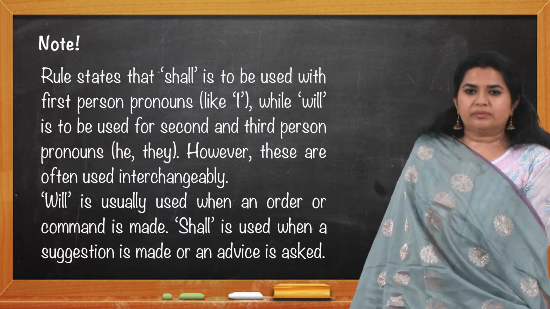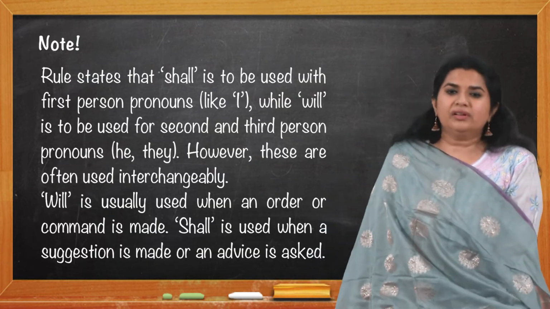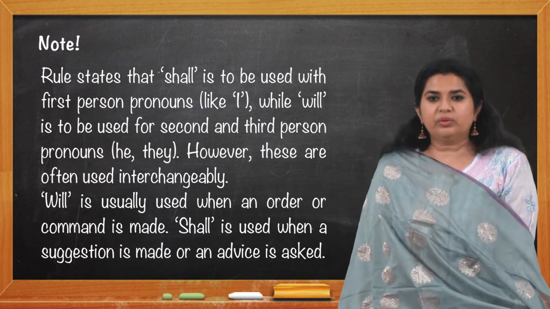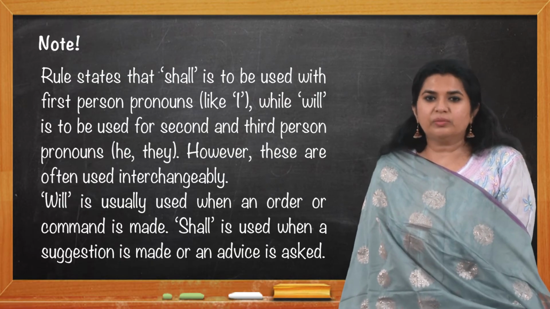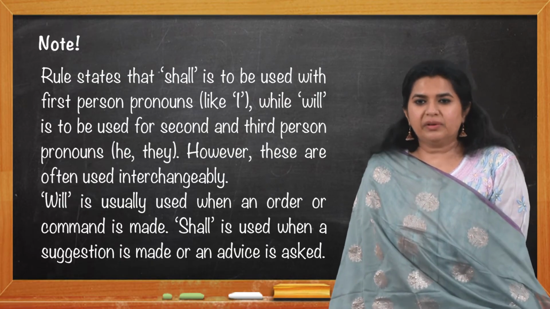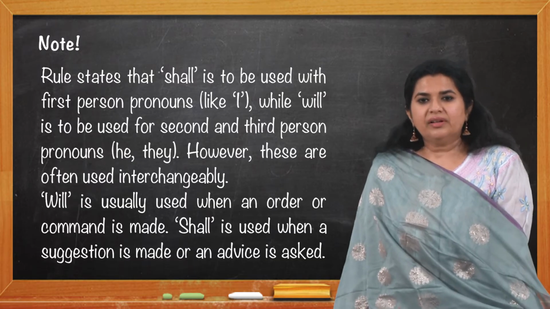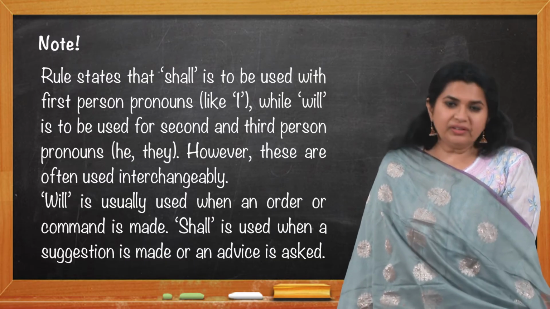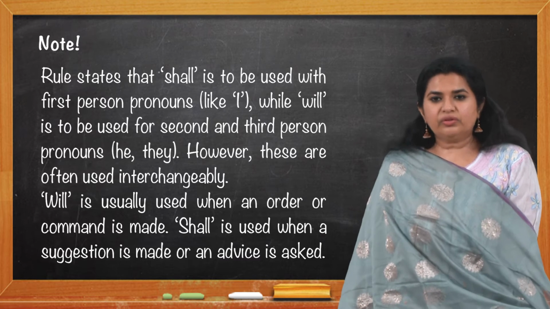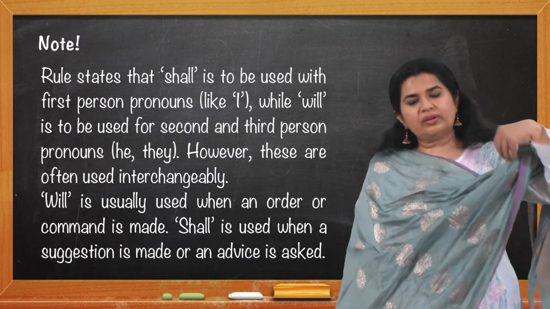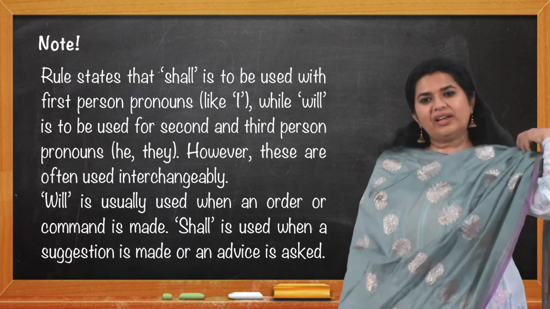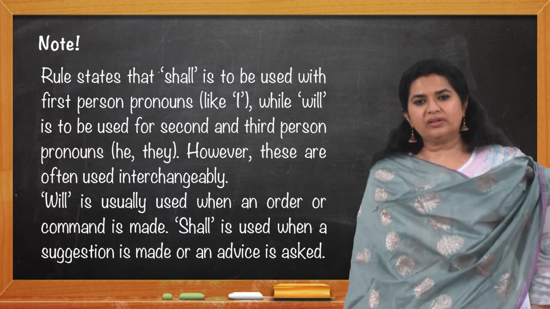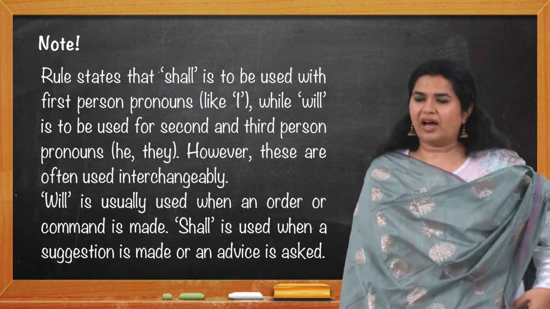Also note that the rule states that shall is to be used with first person pronouns like I, while will is to be used for the second and third person pronouns, he, they. However, these are often used interchangeably. Will is usually used when an order or command is made, thy will be done, and shall is used when a suggestion is made or advice is asked.